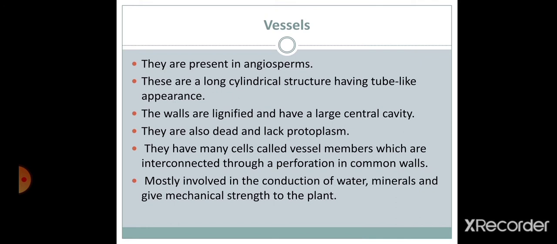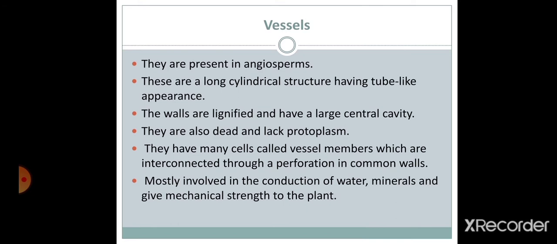The same is true in vessels, that is trachea; only the vessels and tracheids are different. So these five types of vessels exist based on the deposition of the lignin.